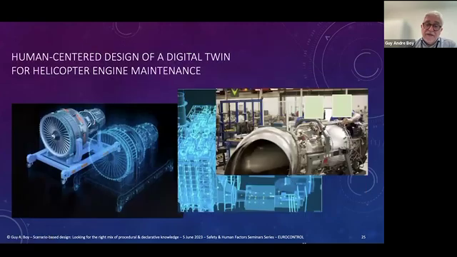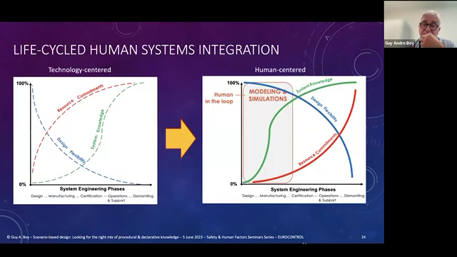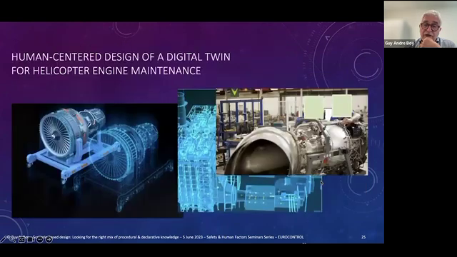So it's interesting to see this modeling and simulation part. We are working right now with a large company making helicopter engines, and they are maintaining 80% of their engines that are sold in various places in the world.